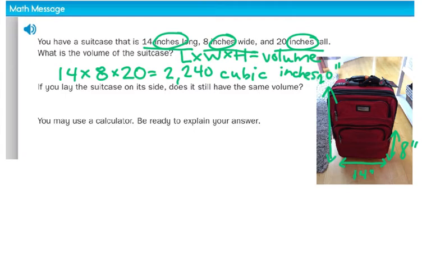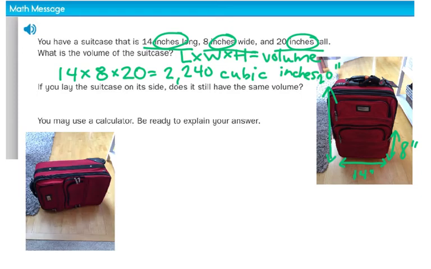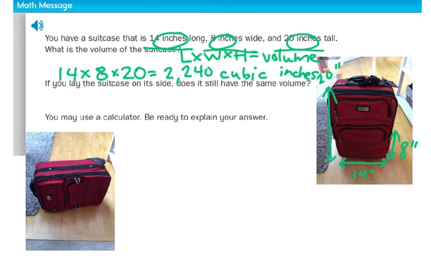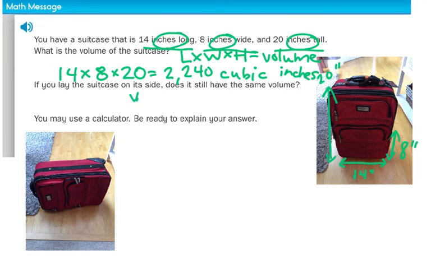Now, if I lay the suitcase on its side, does it still have the same volume? I have that suitcase on the side now. Can I still hold the same amount of clothing or whatever inside? Does it have the same volume? Yes, absolutely it does.